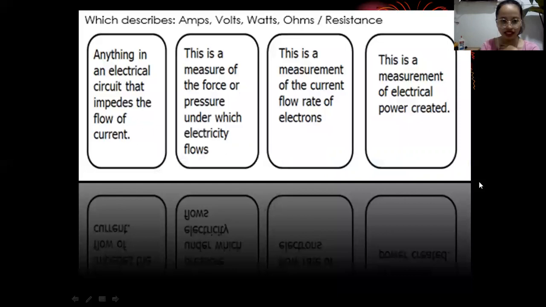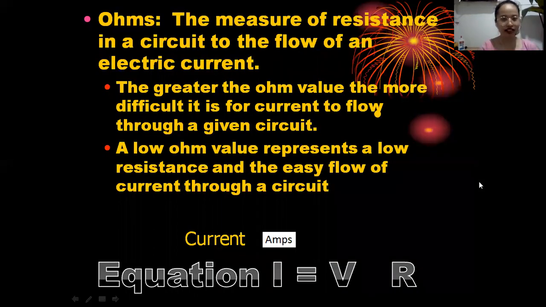The greater the ohm value, the more difficult it is for current to flow through a given circuit. A low ohm value represents a low resistance and the easy flow of current through a circuit. That's the explanation of the inverse proportionality of the resistance and the current.